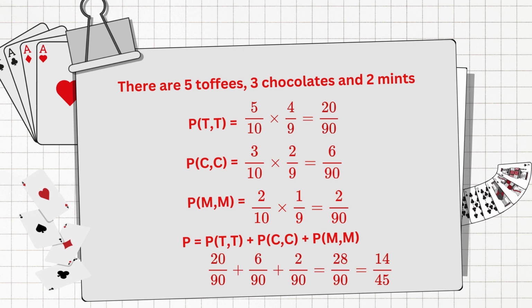The probability of picking my first mint will be 2 over 10, because I have 2 mint sweets and a total of 10 sweets in the bag. Now, after I've picked the first mint, I have just 1 mint left and just 9 sweets left. So the probability of picking the second mint will be 1 over 9. So the probability of picking 2 mints will be 2 over 90.